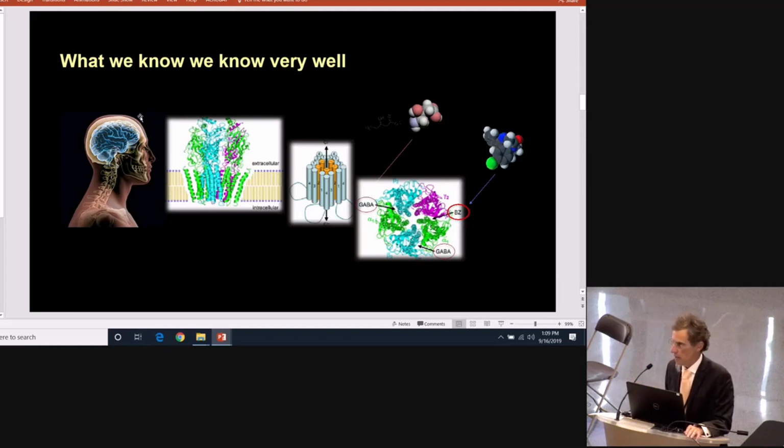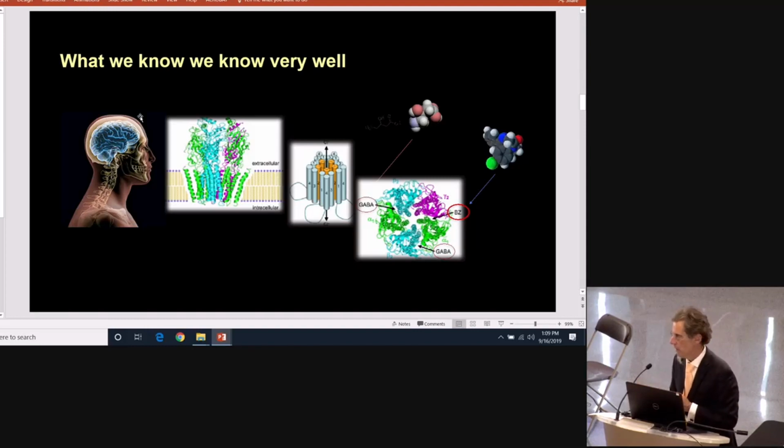We know that it involves the amino acid GABA, and we also know that the benzodiazepine molecules interact with the same GABA-A receptor complex. So it's shown here. Unfortunately, I don't have a pointer that works on that screen, but you'll see there where the GABA, naturally occurring amino acid, which tends to protect us from overexcitation, so we don't have seizures all the time.